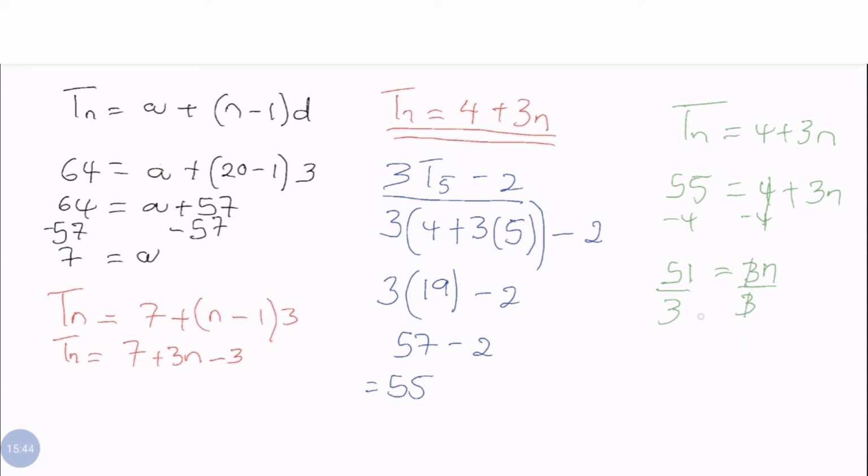This will cancel. 51 divided by 3 is equal to 17, is equal to n, which is the same as n is equal to 17. That means the term in the pattern that is equal to 3T5 minus 2 is term number 17. Therefore, that is T17, which is our final answer.